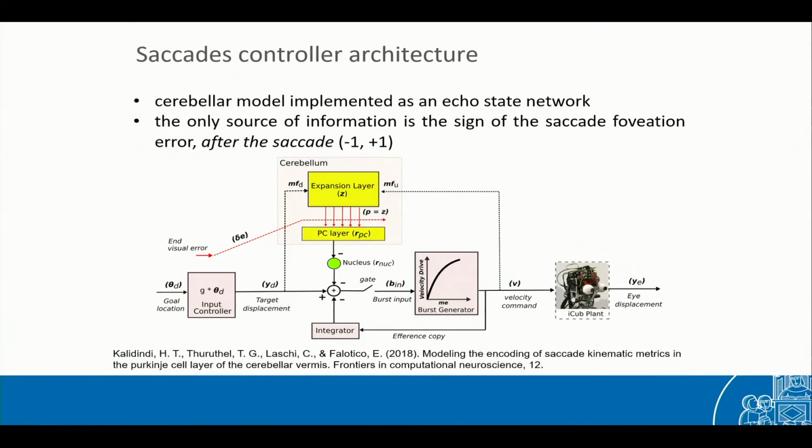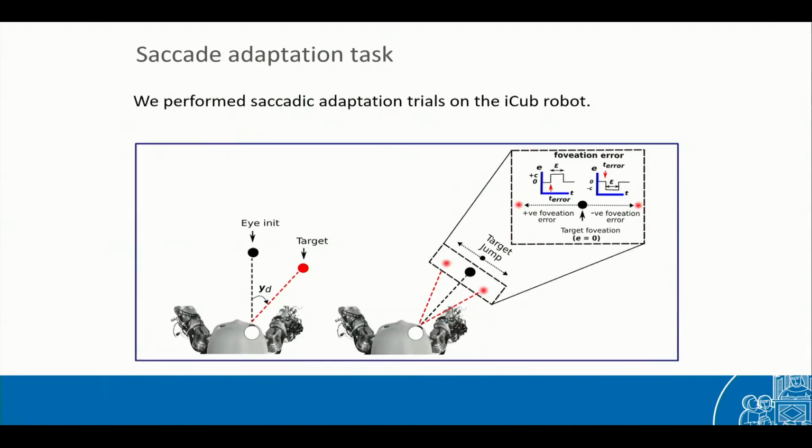We send this to a simplified burst generator, which tries to replicate the activity of the brainstem, and we send the output to the eye. We perform a saccadic adaptation task because we want to show the capability of the cerebellum to learn and to adapt according to the position of the target.